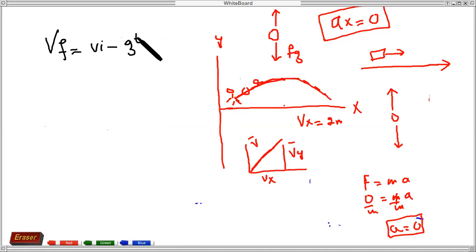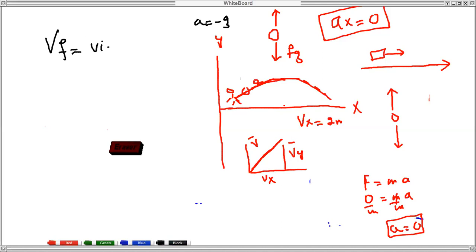For motion in general, it is Vf equals Vi plus at, but a is equal to minus g, so therefore we use the minus symbol: minus gt.